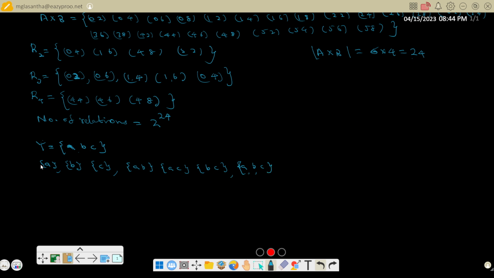And the null set is also a subset of Y. The entire set Y is also a subset of Y. These are all the subsets. How many subsets are there? If you count 1, 2, 3, 4, 5, 6, 7, 8. That is 2 to the power of 3, 8 subsets. Okay? Is it clear?